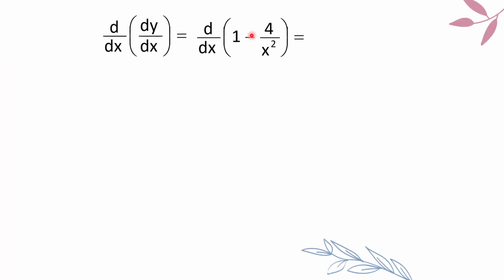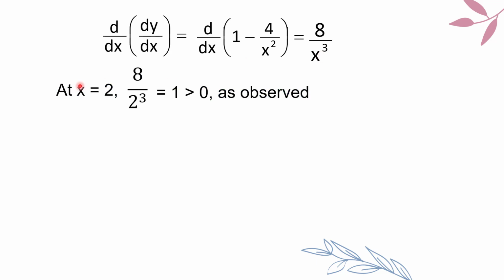If we differentiate 1 minus 4 over x squared one more time, the function becomes 8 over x cubed. At x equals 2, if we substitute the value of x in here, we have 8 over 2 cubed, which equals 1.